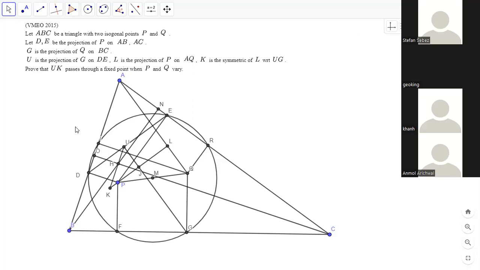Let's see. I'll spend maybe 10 more minutes on this, and then if we don't get anywhere, we can move on.